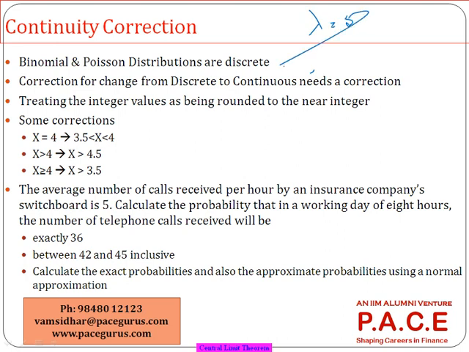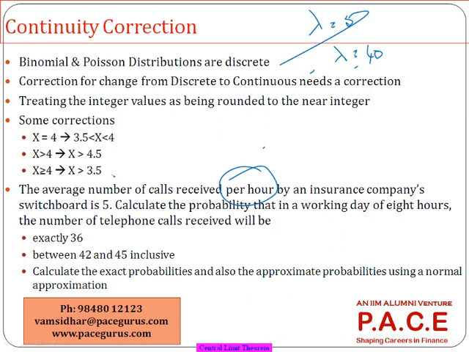Calculate the probability that in a working day of 8 hours, the number of telephone calls received will be exactly 36. Per hour is 5, so for 8 hours I can take lambda equal to 40.